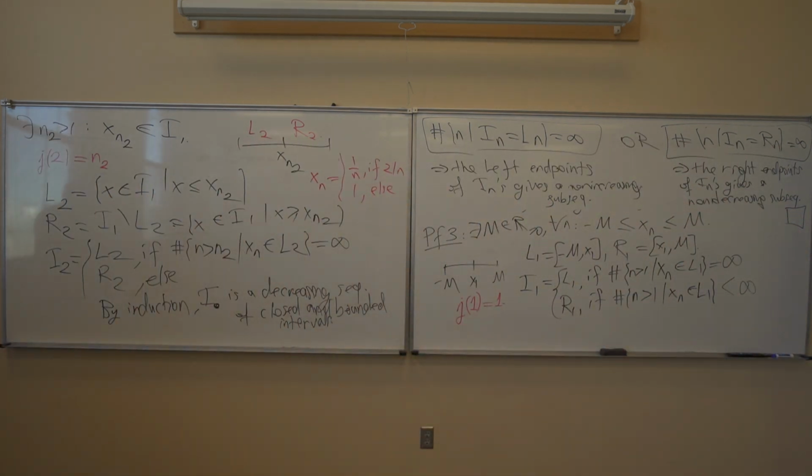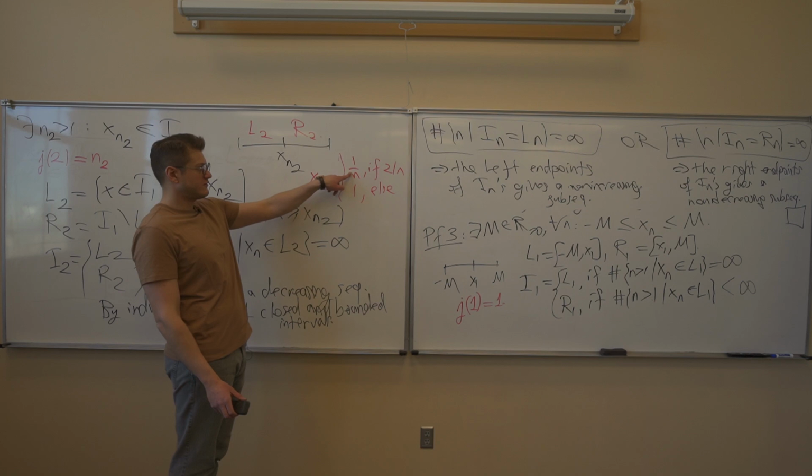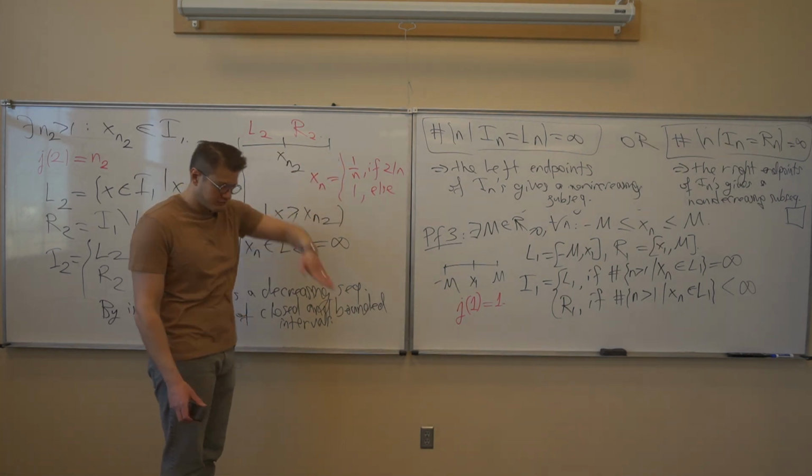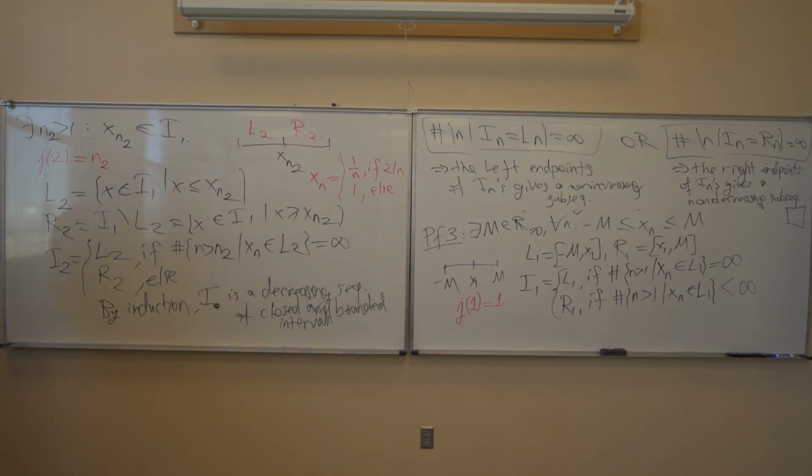What are these sets? What are these intervals, and so on, to make it concrete. So ultimately, this algorithm, this proof, should detect either this subsequence or this subsequence eventually. So the sequence that decays to 0 or the sequence that is constant.